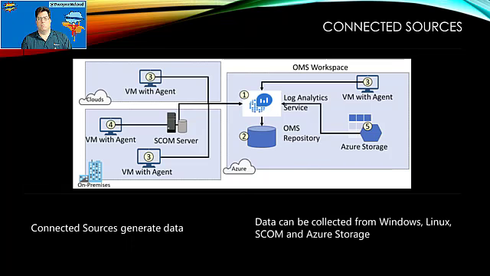You don't get as much metrics out of a Linux machine as you do of a Windows machine, but you can still gather information for all of your virtual machines across the hybrid networks. And you can also use your System Center server as well for gathering that information on-prem and feeding that into the Azure environment.